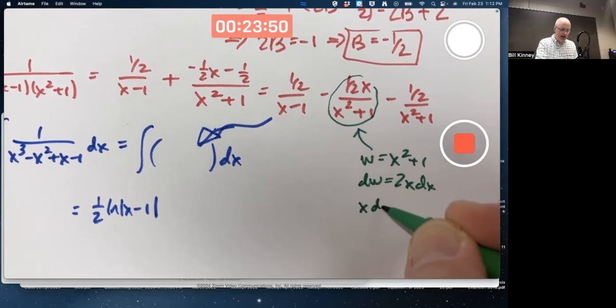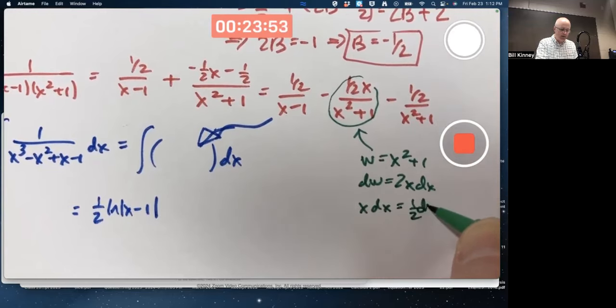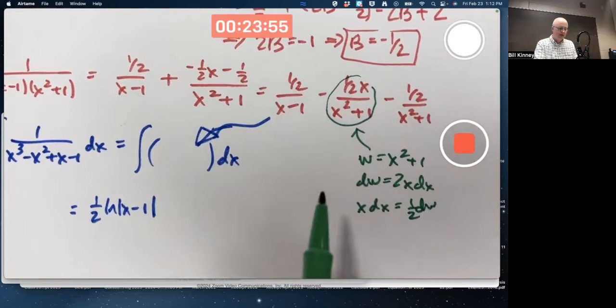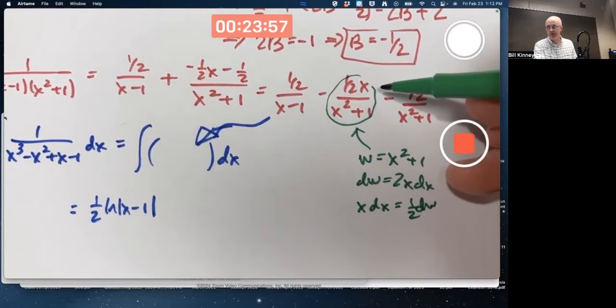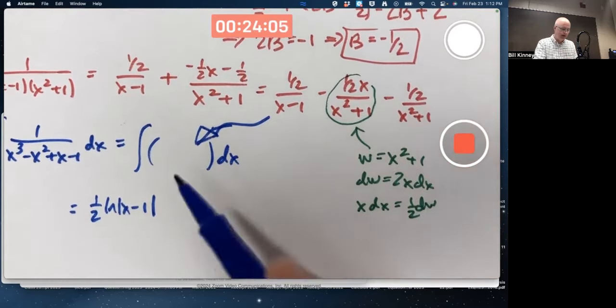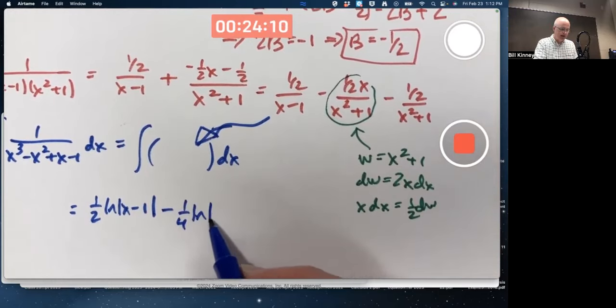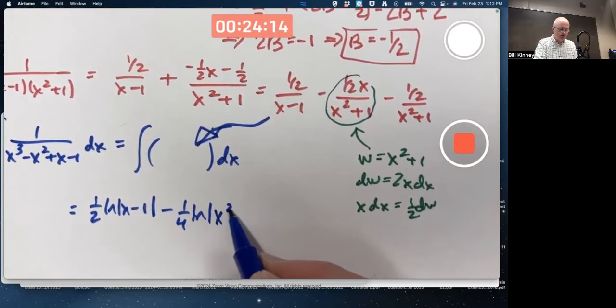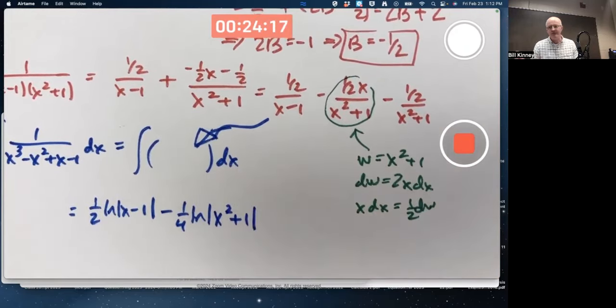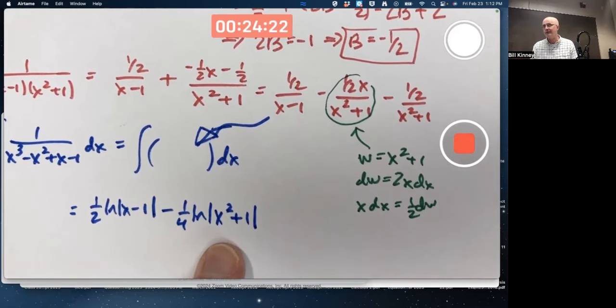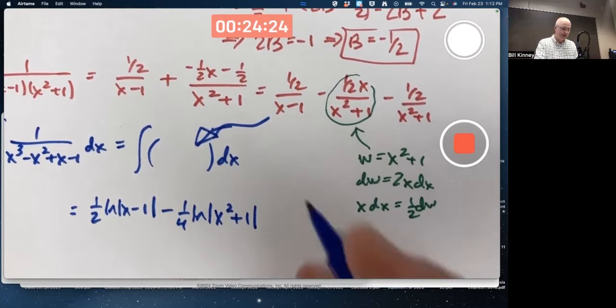X dx would be 1/2 dw. That's what x dx would get replaced with, and 2 1/2 would give a 1/4. So I get minus 1/4 ln of w, which is ln of the absolute value of x squared plus 1. Though absolute values are not really necessary there because x squared plus 1 is positive when x is a real number.